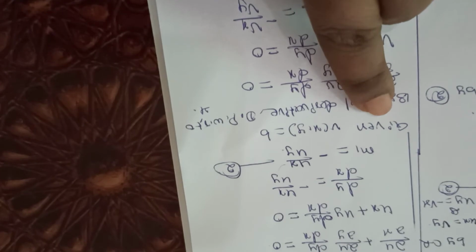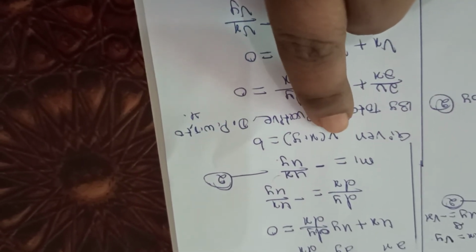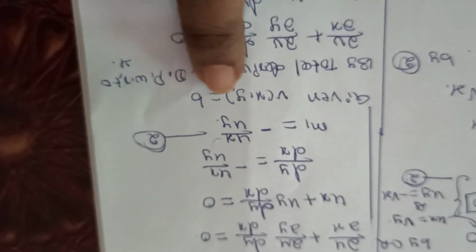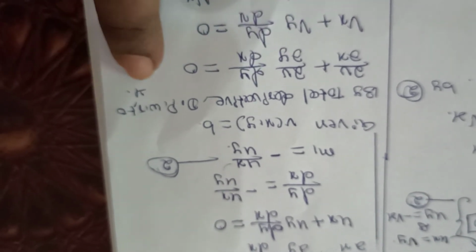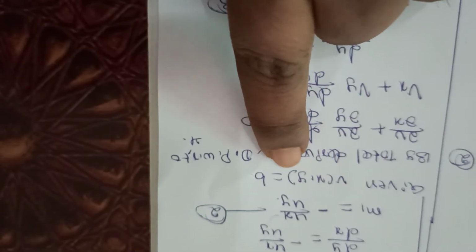Again, take the second curve, v(x,y) = b. Using total derivatives, differentiating partially with respect to x, v is a function of x and y here.